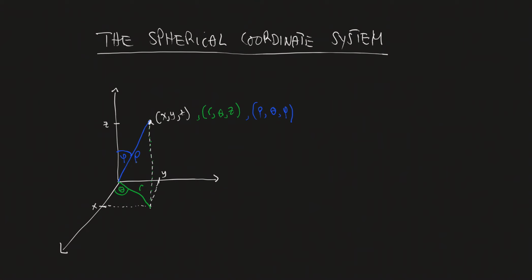Now, let me just specify some things about these variables, because these are less known than the previous variables that we've been using. Because rho is a distance from the origin to our point, rho is going to be greater than or equal to 0. That's good. Theta, again, is that angular measure. You can almost think of it as giving us the degree to which points are rotated around the z-axis, right?